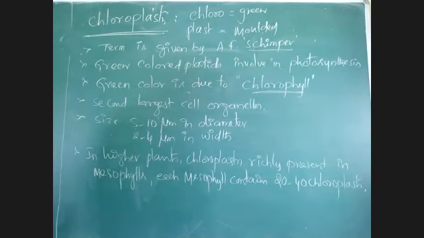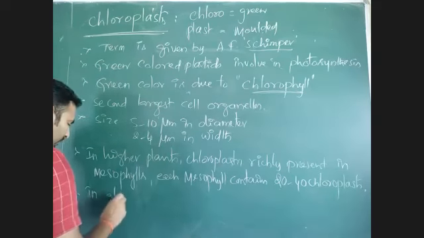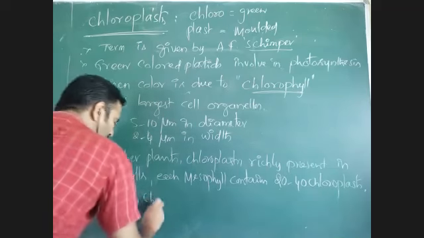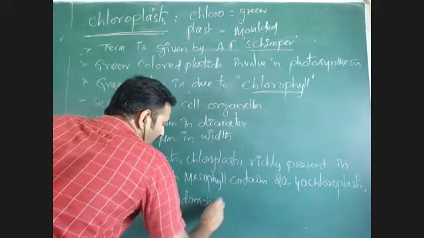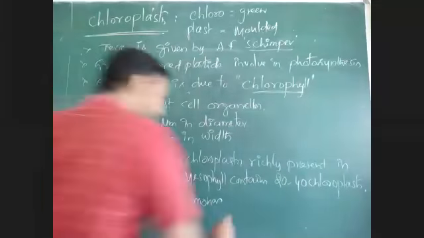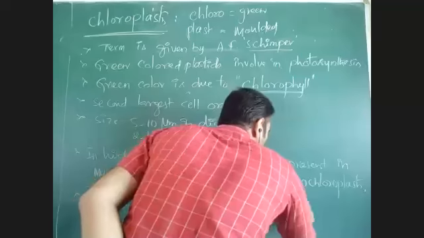Each mesophyll cell will contain 20 to 40 chloroplasts. But in some algae like Chlamydomonas, algae is a lower plant, you know, there is a single chloroplast.